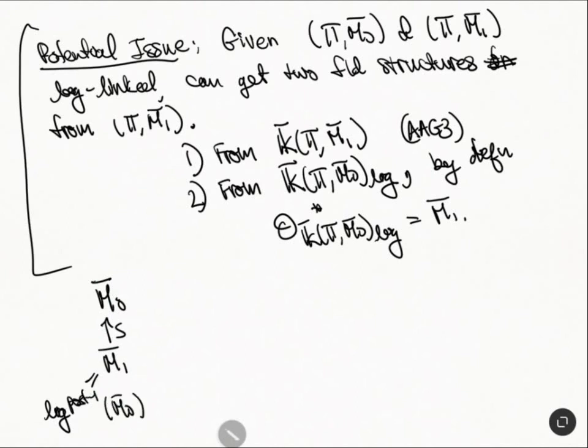So this is the map log post. Then we can look at the connecting maps for the Kummer sequence, or the limit of the connecting maps of the Kummer sequence. There's two limits again.